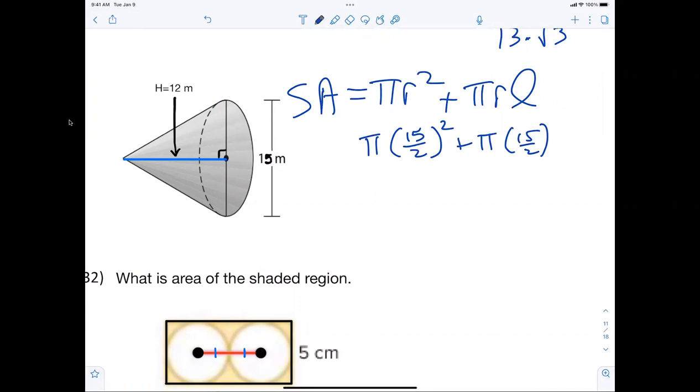Do we know what the slant height is? No, we don't. All right, so this is 15/2, right? And this is 12. Now we have to do a squared plus b squared equals c squared on this.